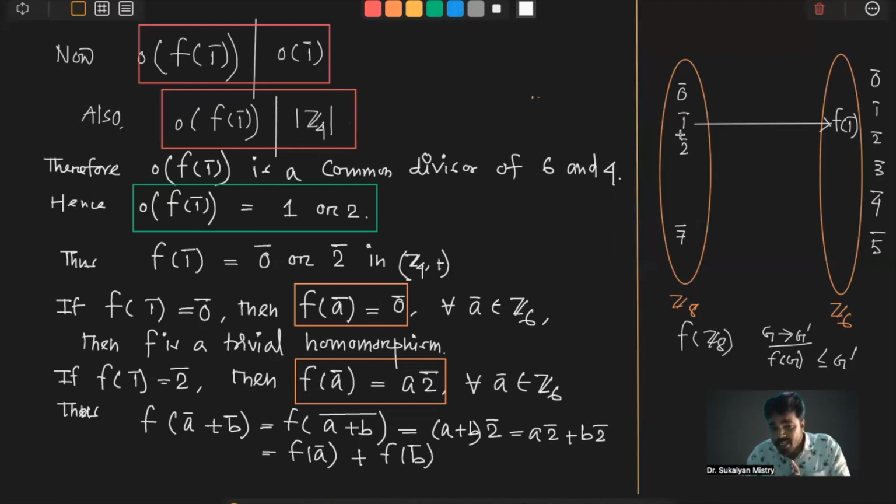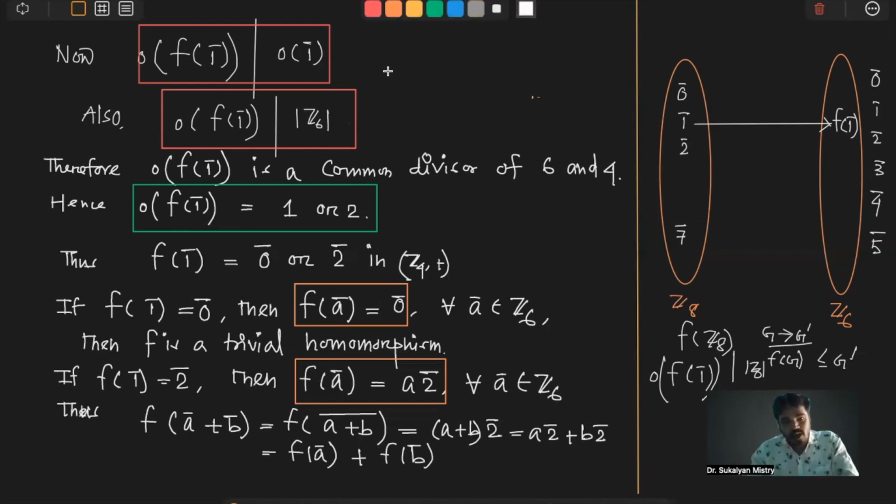The generator of Z8 is 1, so what can we say? f of 1 bar, by Lagrange's theorem, the order of f of 1 bar divides the order of g dash, g dash means Z6. Clear? So here we can say the order of f of 1 bar divides the order of Z6.